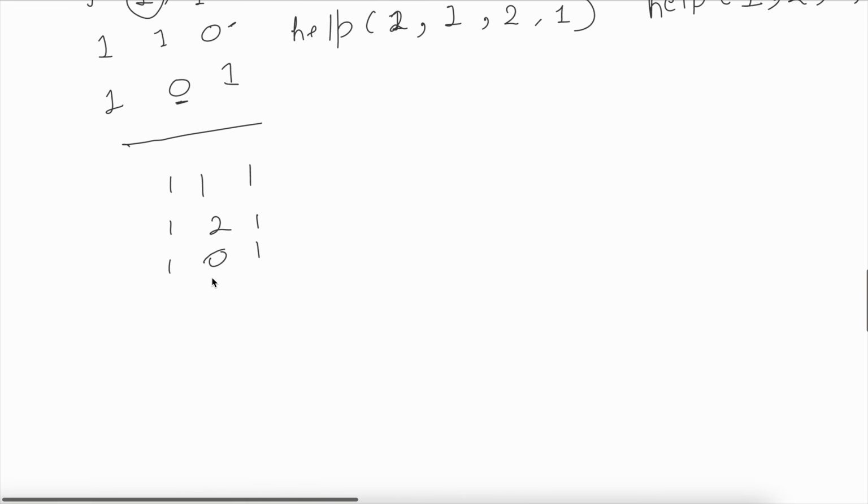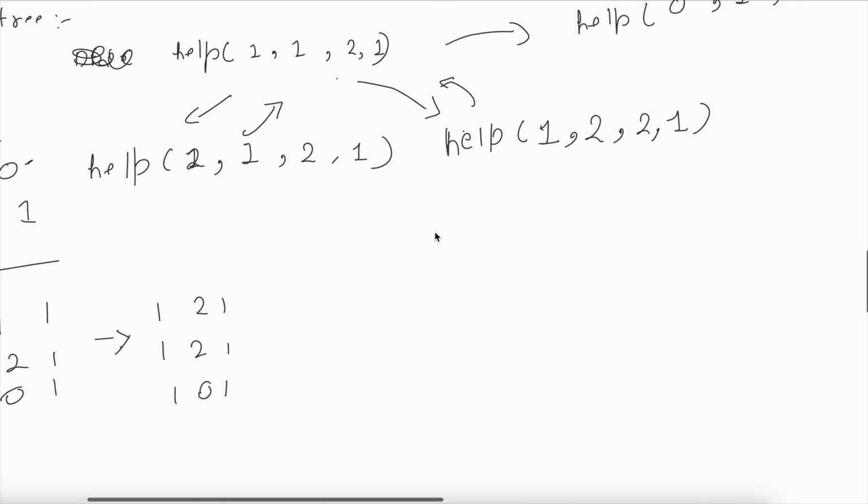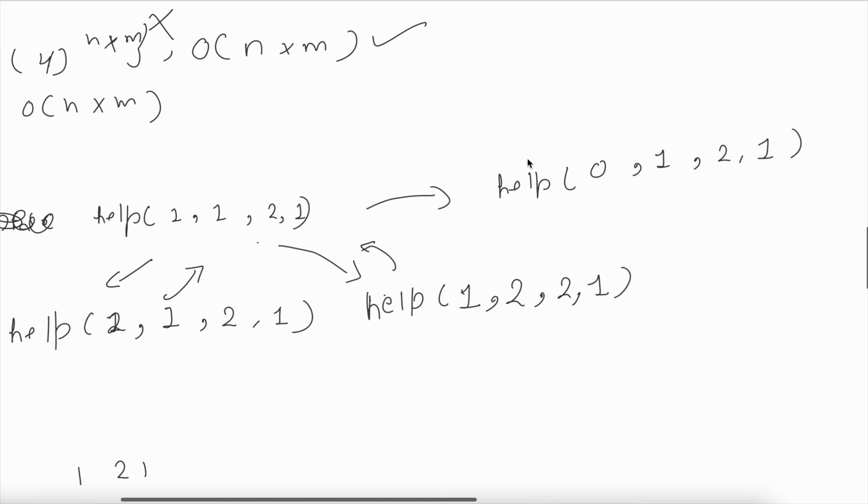What will happen here? 1 2 1 0 1. Now this will be updated to this. Okay, we have updated this.